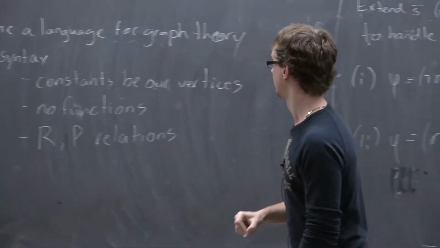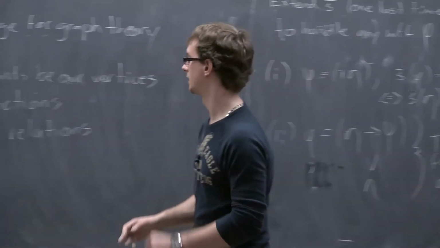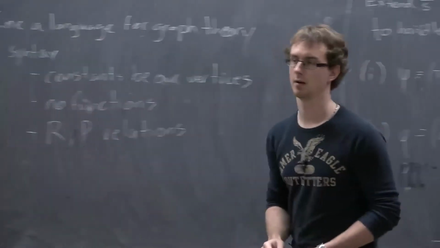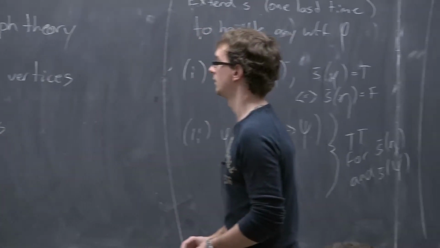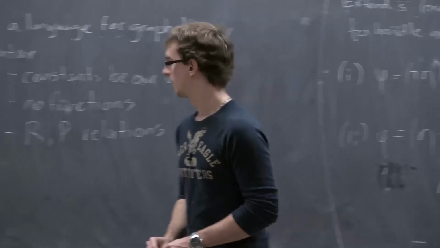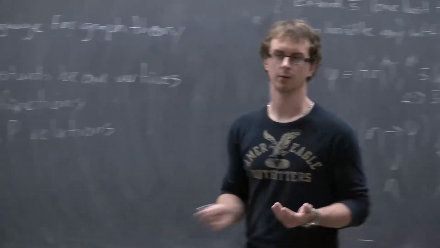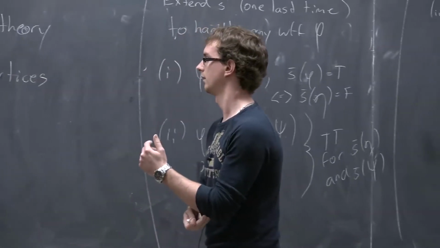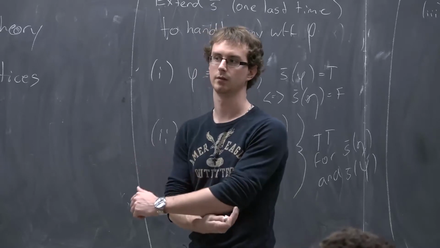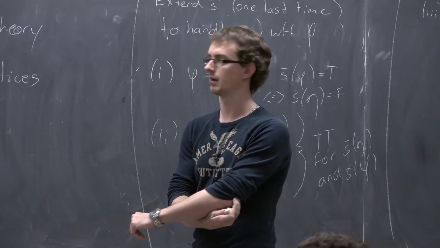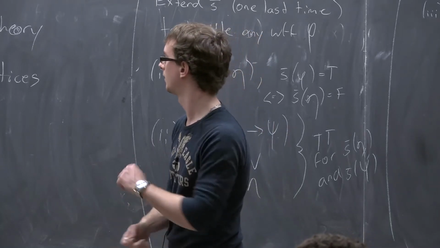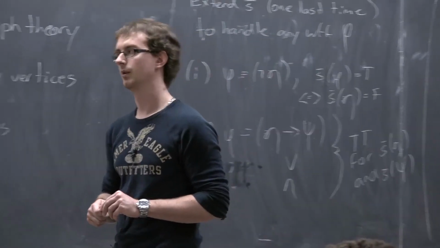And this is purely syntax, so I'm not yet actually saying what these R and P are going to correspond to. But is everyone familiar with graph theory? Yeah, I think you should have seen it already. Okay.